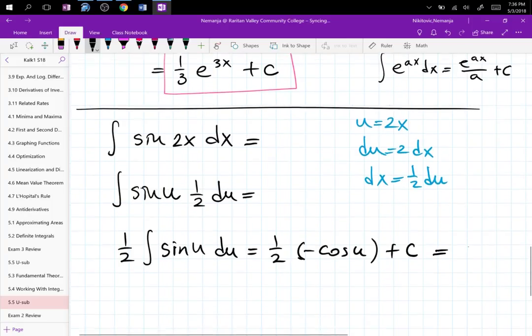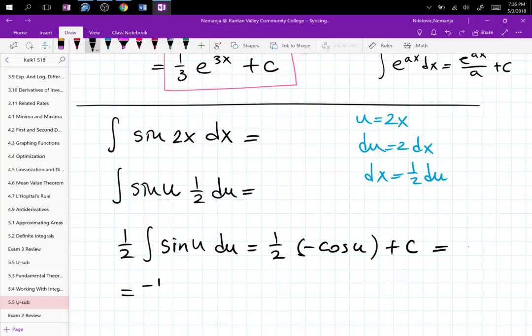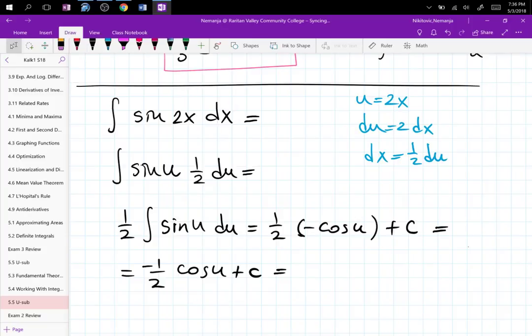Plus c. So that's negative 1/2 cosine u plus c. Now we say, I don't care about u, I care about x, which means we replace x back for u. So negative 1/2 cosine 2x plus c. And that's the answer.